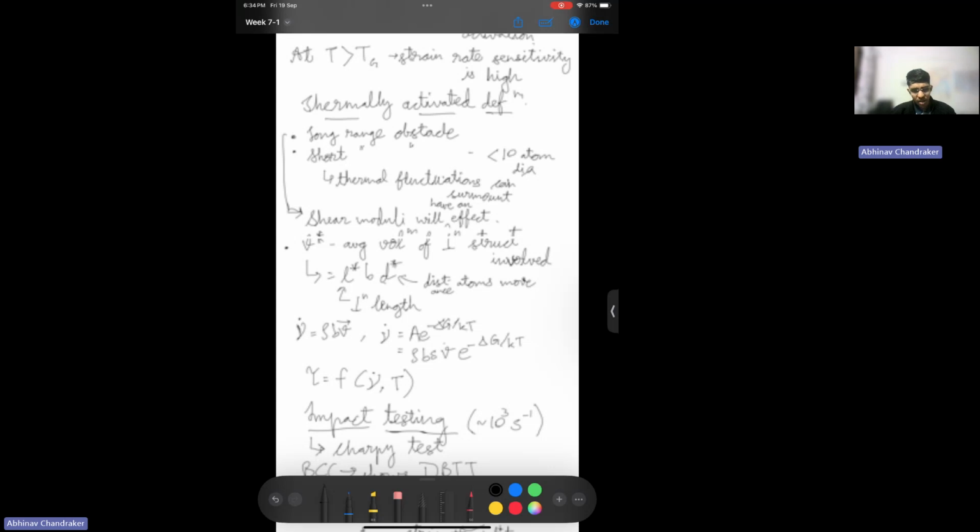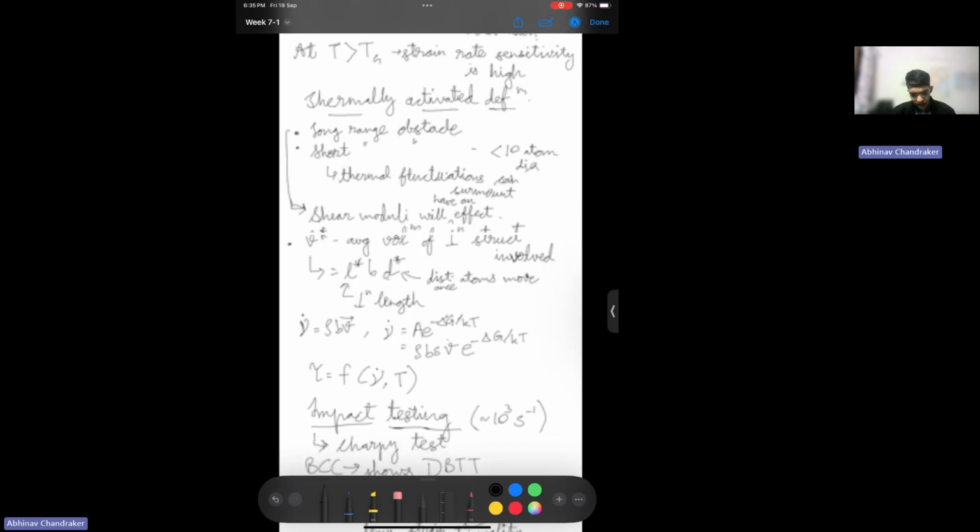But thermal activation can help in other mechanisms also, such as atomic diffusion, or for dislocations to move beyond any obstacles, or even anything involving diffusion in general, grain boundary sliding. For all of these things, thermal activation has a contribution.